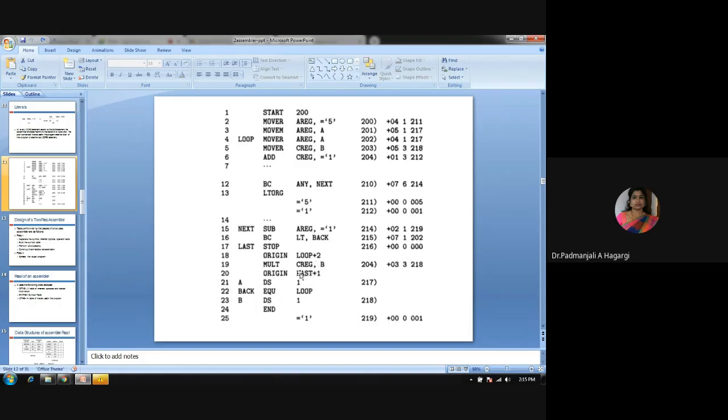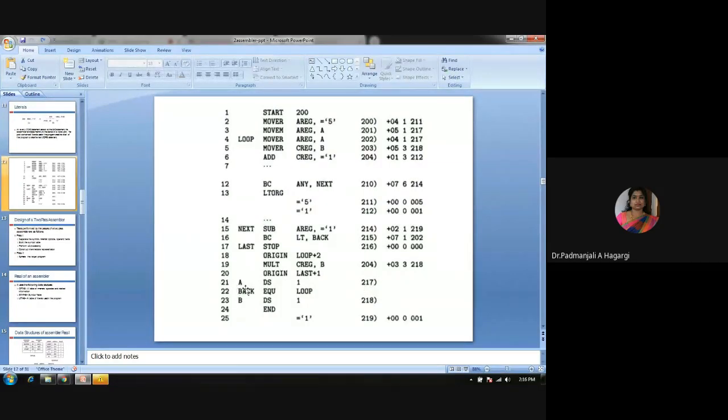With the help of the label, last is found to be at 260 here. Last plus 1, so the remaining instruction for this line of instruction will be found at 217.